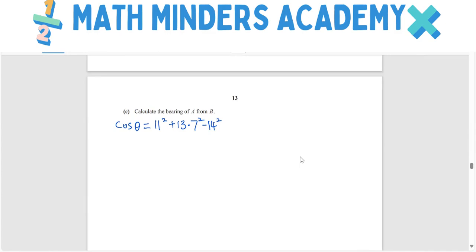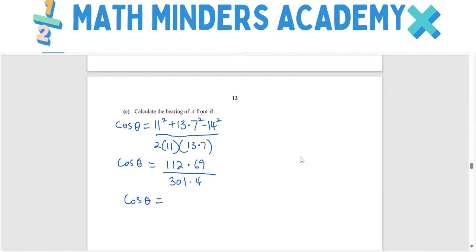Then I have 2 multiplying 11 and 13.7. So here cos theta will give me 112.69 all over 301.4.